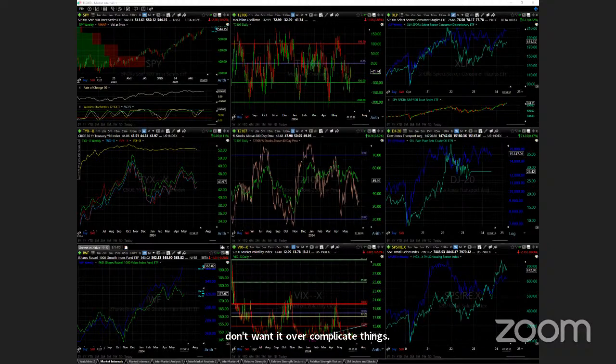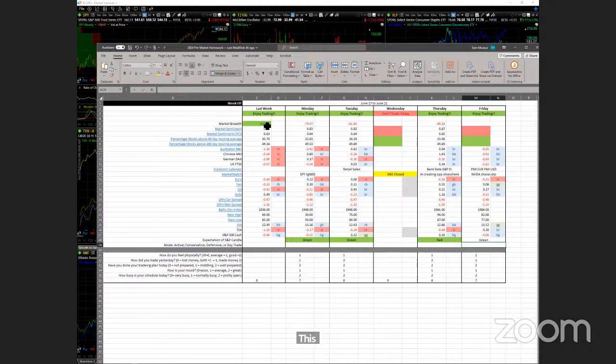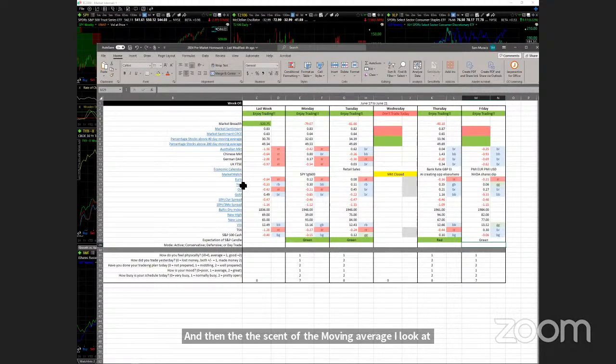This is my tracking each day. So I look at sentiment, I look at breadth, it color codes based on extremes, and then the moving average I look at each day, and then Australian, Chinese, German, UK. I look at all of these things, and I try to predict. My prediction for the day today is green.